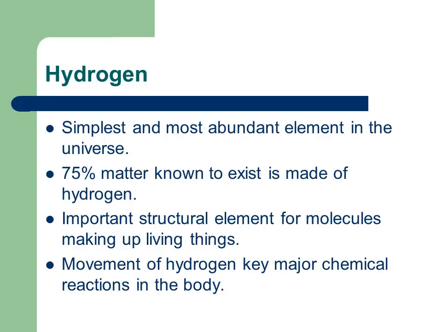One of the most important things about hydrogen is that as it moves from location to location, from compound to compound, it gets taken up by another compound, it can change the configuration of the compound it leaves or changes the compound it enters, and that movement is involved in some key chemical reactions in our bodies, but in all living things.